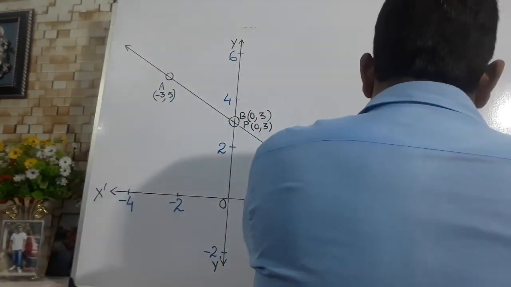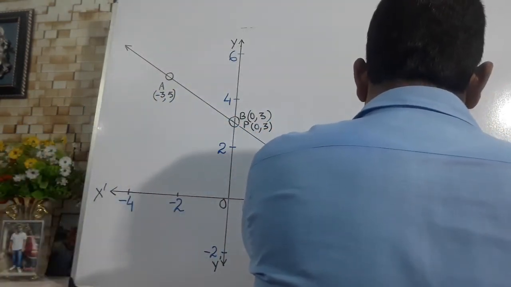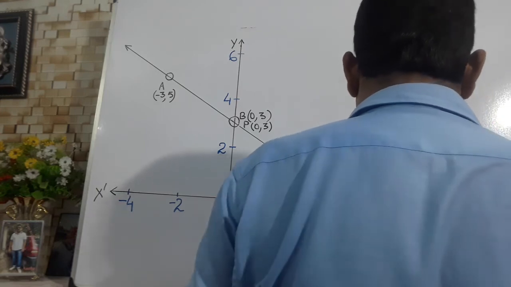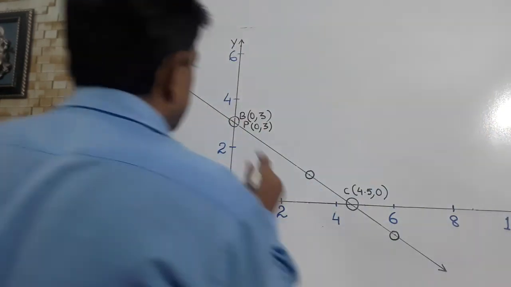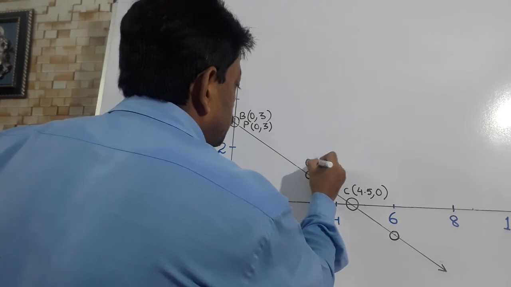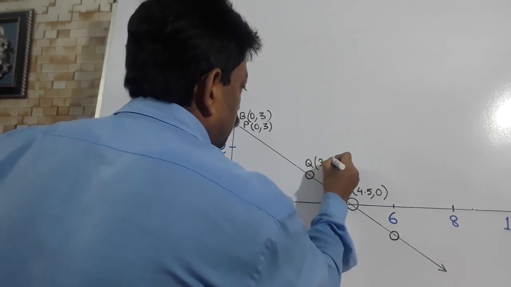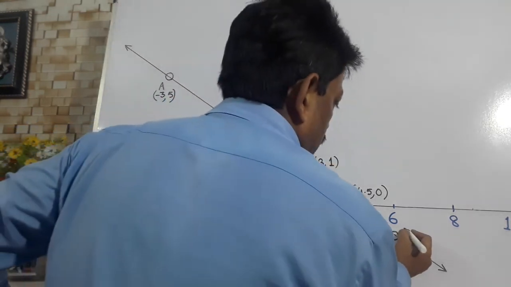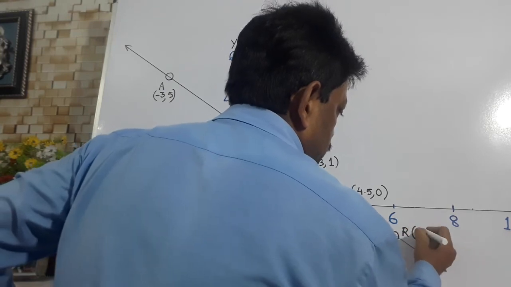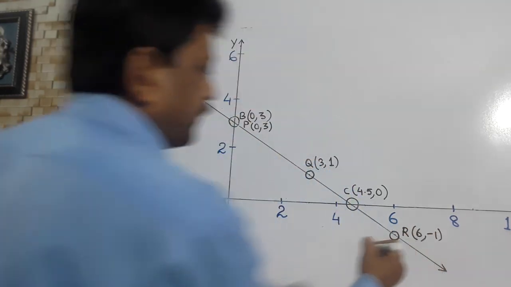And the last one is 6 comma minus 1. So Q is 3 comma 1 and R is 6 comma minus 1.